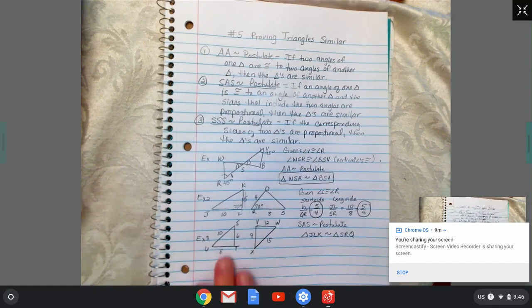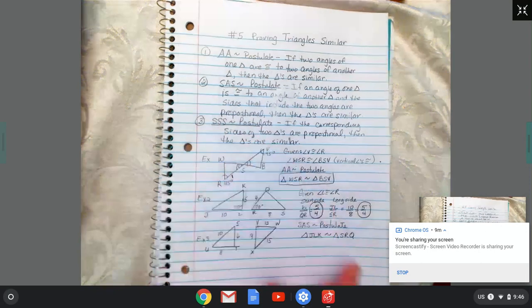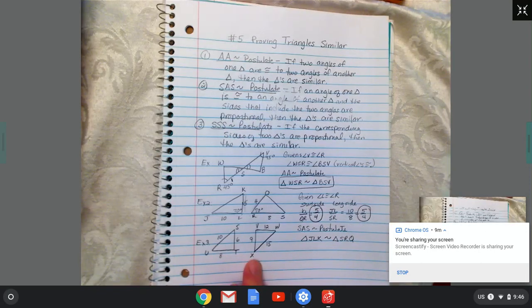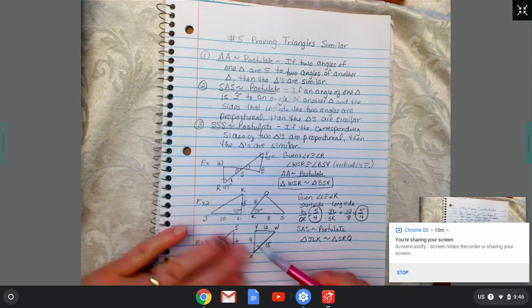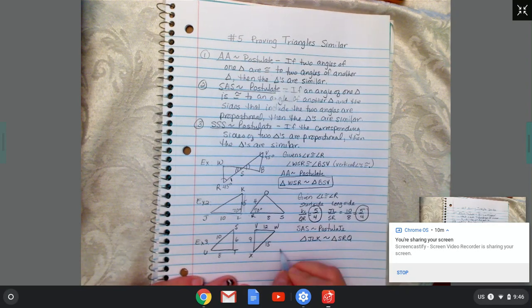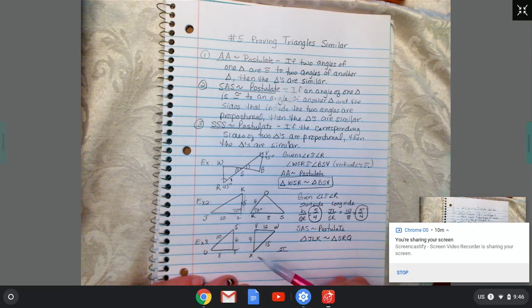We're not given any angles here, so if this is going to work, I think it's side, side, side. We're looking at the sides, and we have to decide what goes together. Sometimes they flip them or turn them, and you don't really know. So a safe bet is to put the small numbers together. We'll start from left to right. ST is the smallest, and we'll correspond that with the smallest here.